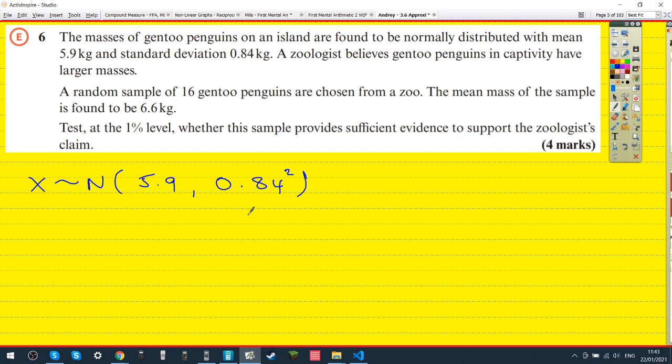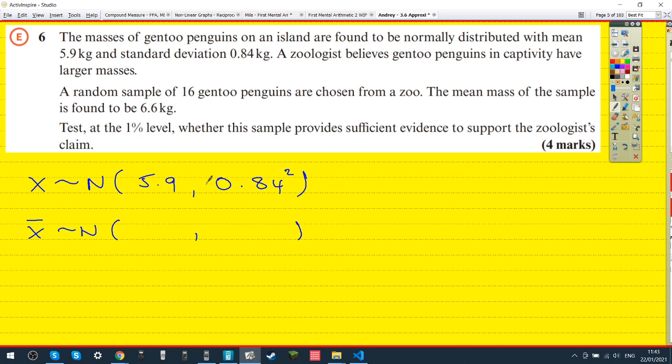Okay, random sample of 16. And so X is normally distributed. Sample X. For our sample of X, what are the values? So is it now going to be 6.6 and 0.84?